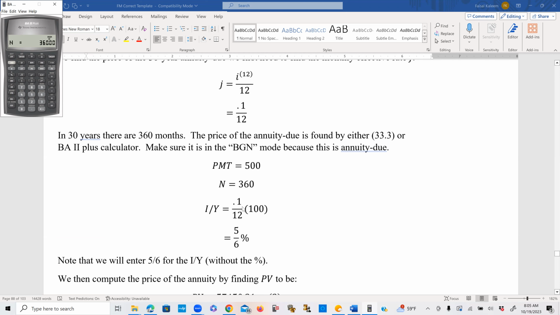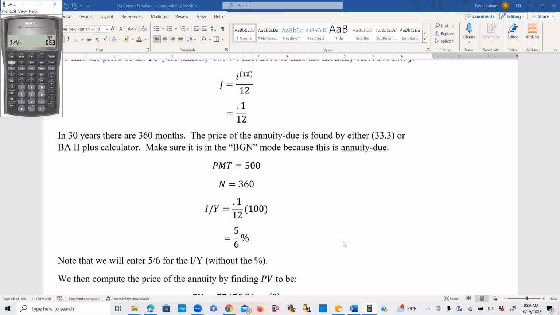We multiply that by 100, and that gives us 5/6 %. So we need to enter 5/6 in the calculator: 5 divided by 6 equals, and then hit I per Y.